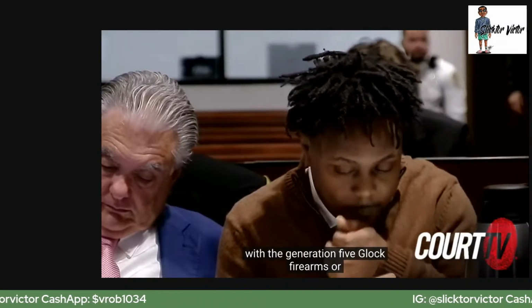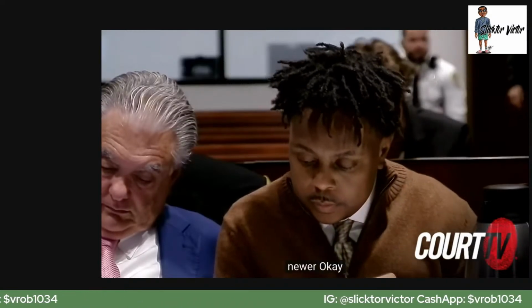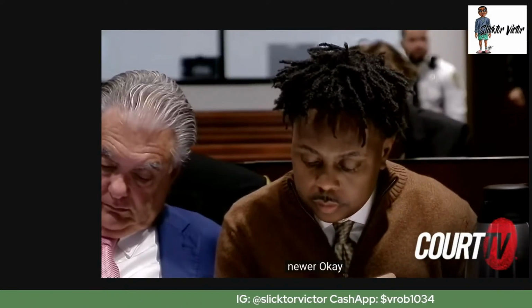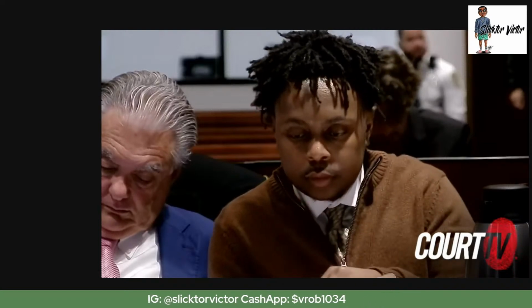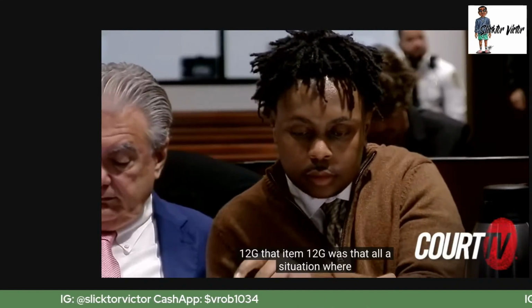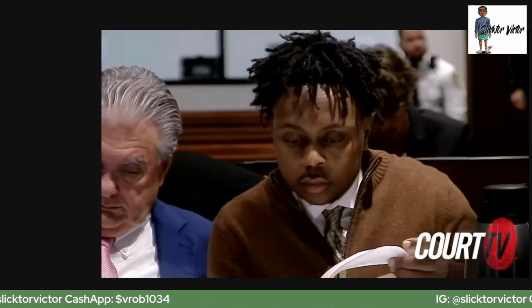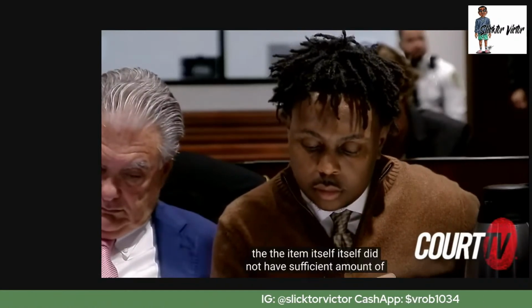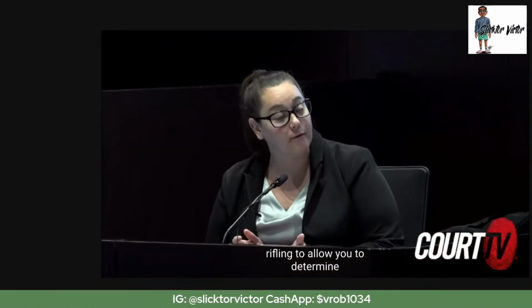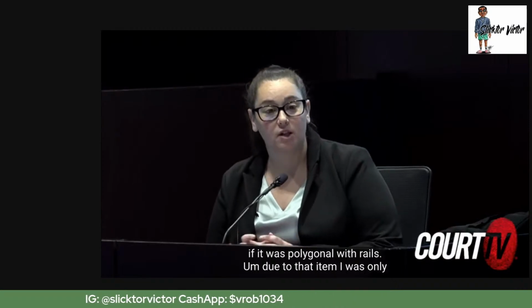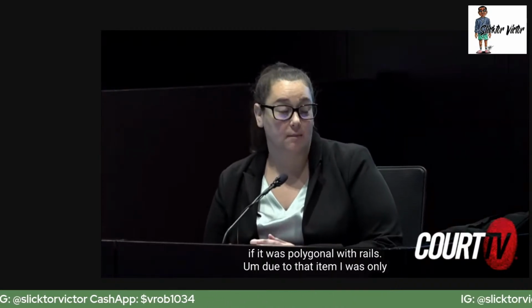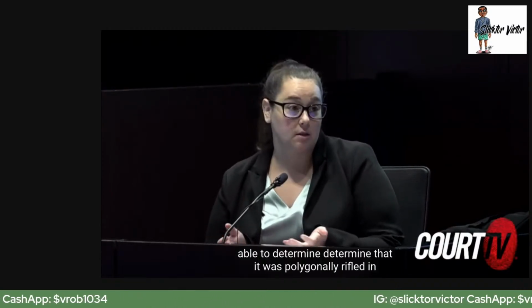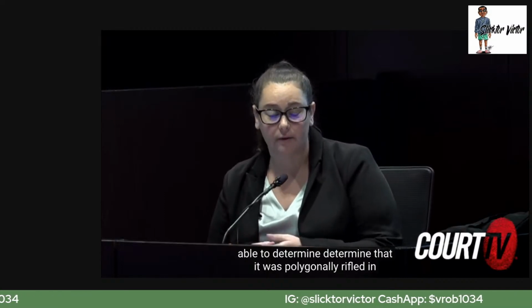12G, that item, was that also a situation where the item itself did not have a sufficient amount of rifling to allow you to determine if it was polygonal with rails? Due to that item, I was only able to determine that it was polygonally rifled in order to be able to do the elimination. Due to the size, is it possible there could have been rails? Yes. Is it possible that it was just polygonal rifling? Yes.